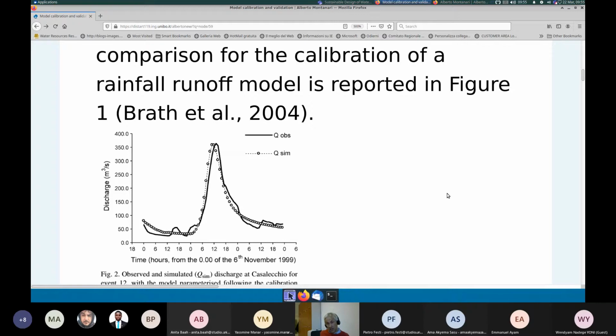If you increase K, you decrease your outflow. If you look at the linear reservoir, how the model is defined, you may remember that the outflow is given by storage divided by K. So it's clear that if you increase K, you decrease the outflow.